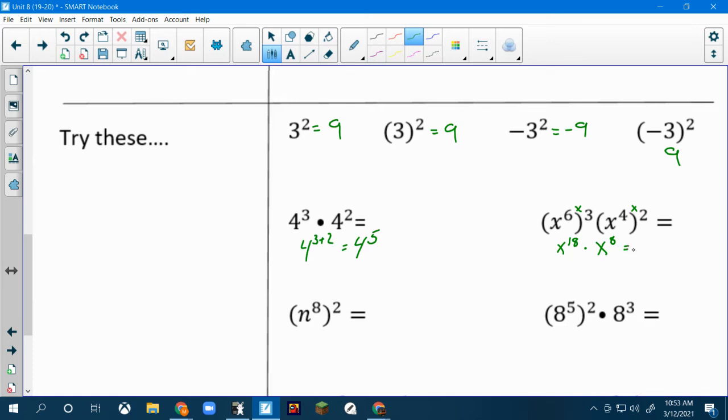Add them up together. You get x to the 18 plus 8 is 26. Oops. What am I doing here?